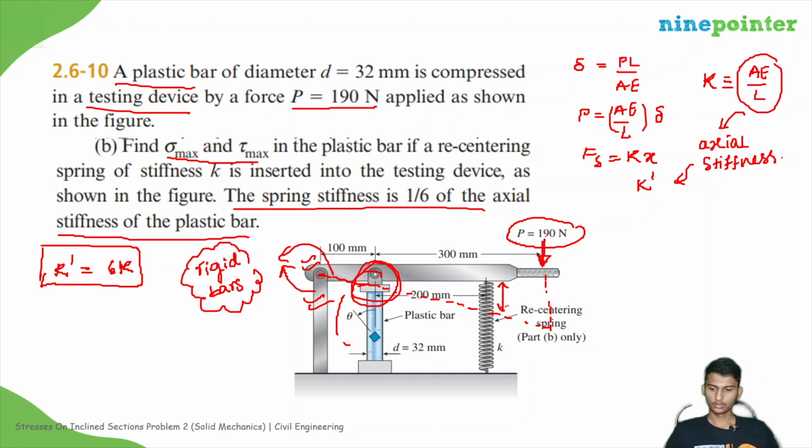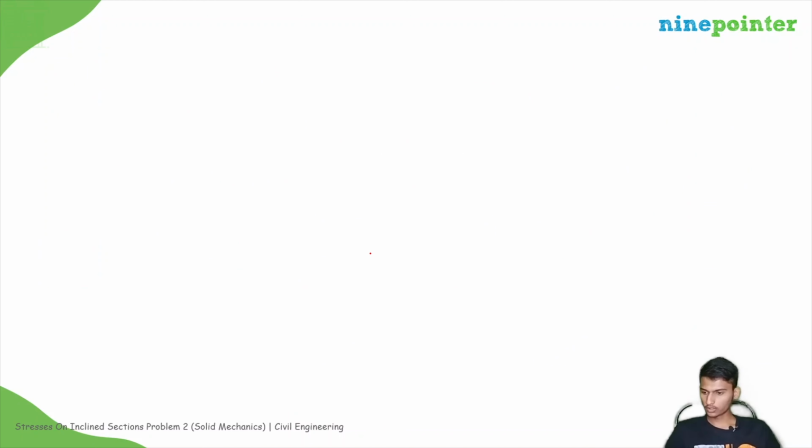This will be the compression in the spring, that is del S. This will be the compression in the rod, that will be del P. Let us redraw the diagram. This is the rod, and 190 Newton acts over here.